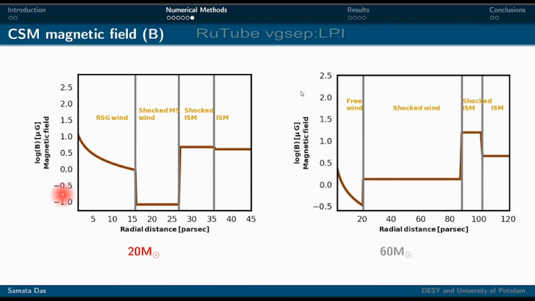Then, according to the density jump, we have parameterized the magnetic field, and from flux conservation we have calculated the magnetic field in the shocked ISM. In the ISM, we have parameterized the magnetic field in such a way that the forward shock of the wind bubble is super-Alfvénic as well as supersonic.